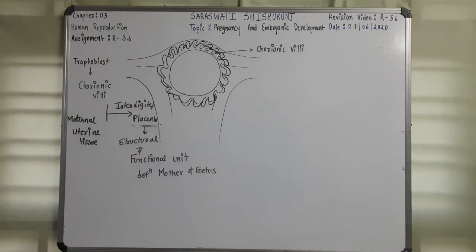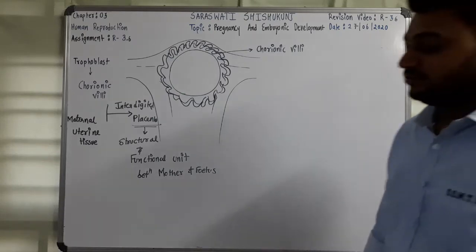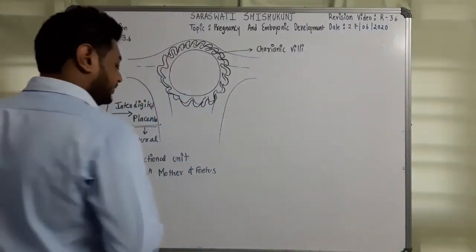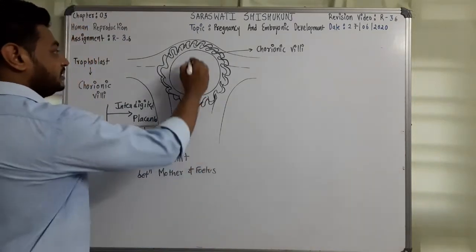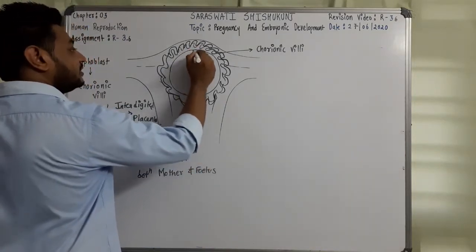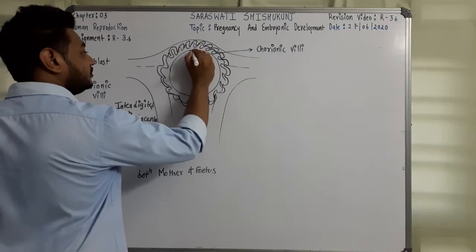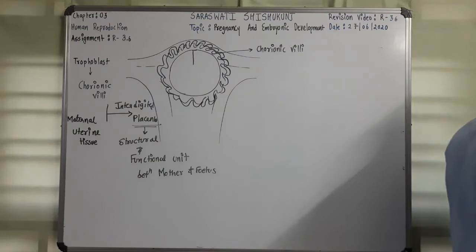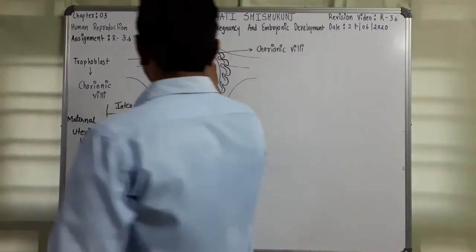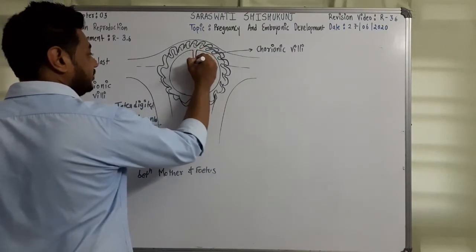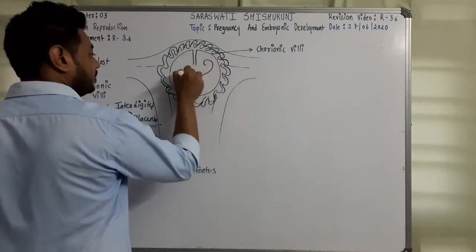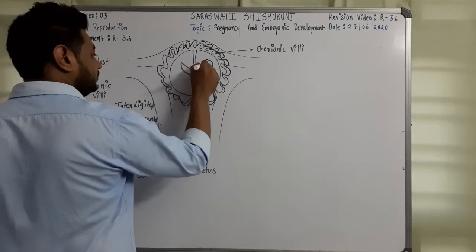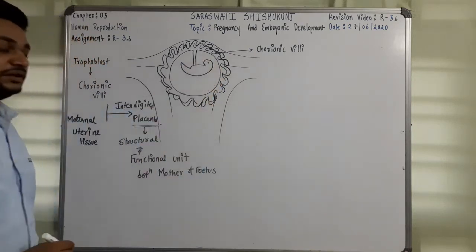Now let us understand more about what the function of the placenta is. Generally the placenta is connected to the developing embryo by a cord referred to as the umbilical cord. So let's say this is an umbilical cord and this is the developing fetus, right?